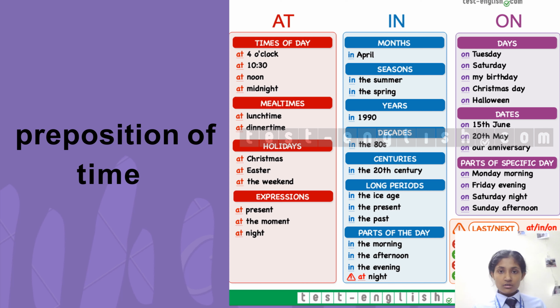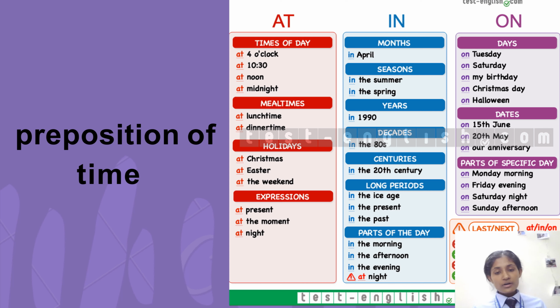That is what at is used for. Like here we can see meal times, like at lunchtime. For example, I'm saying I'll meet you at lunchtime, or I'll meet you at dinner time. Or if we're expressing holidays, like I'll come to meet you at Christmas. So at is basically a preposition of time.